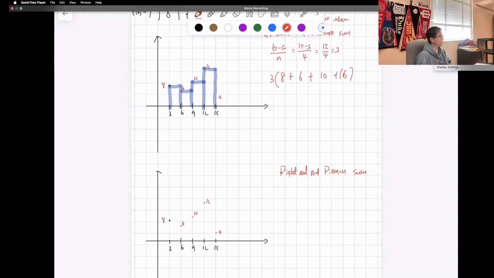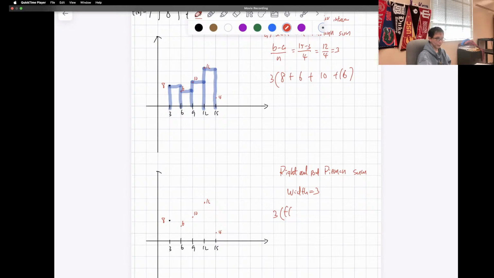You quickly recognize I don't use the leftmost point. I only use the rightmost point. Does that make sense? So the width is still the same thing. It's 3.